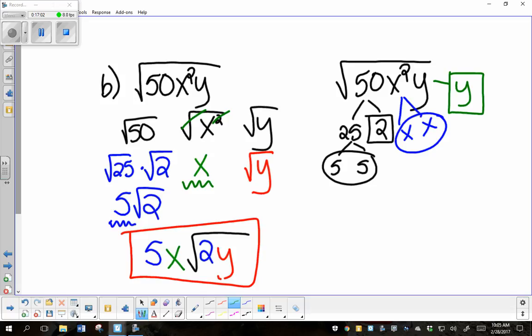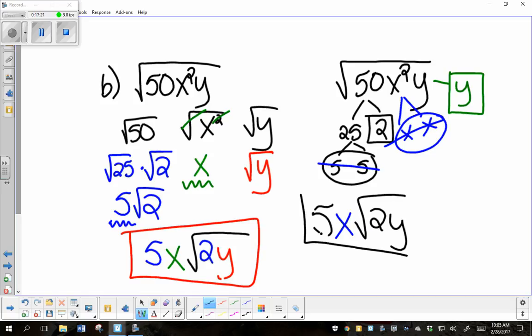So then I go through, and this is the trickiest part. Anything that's a pair, you just put one of them on the outside to show that he got to come out. 5 got to come out. X got to come out. 5x. 2y stays inside. So that's the tree way.